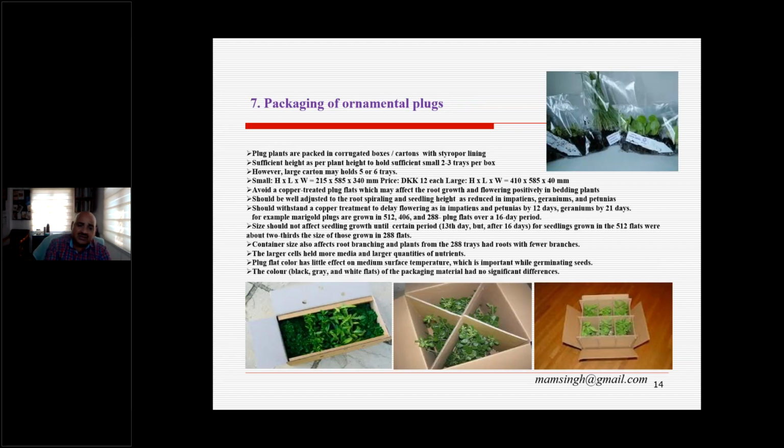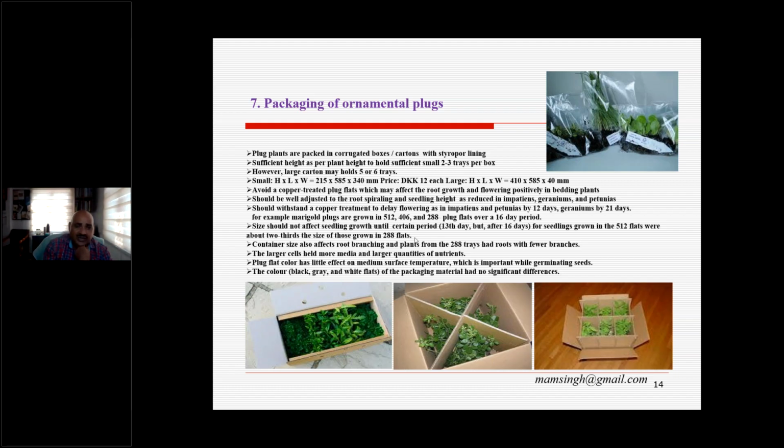After the nursery seedlings are ready, if they are plugs, normally people pack them in open sleeves. Open sleeve means if they are transported over a longer distance, the plugs get intermixed, and after some time they become bare rooted seedlings. By the time they reach for transplanting, they have become bare rooted seedlings, and they will not have any big advantage.